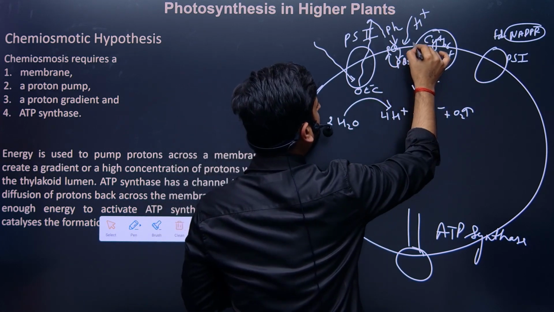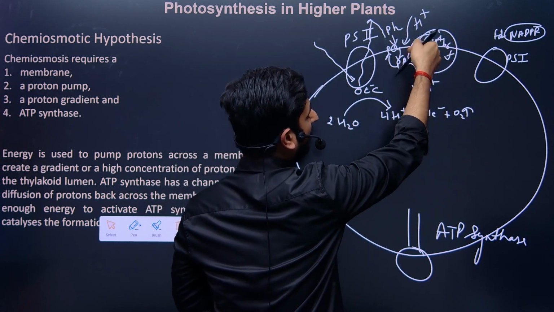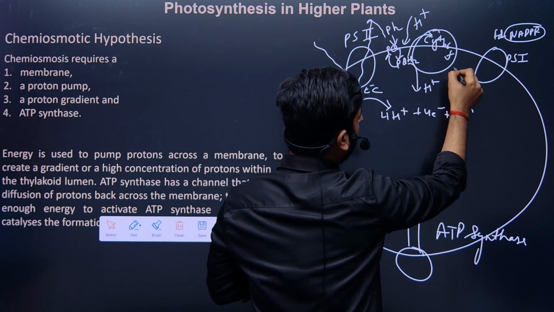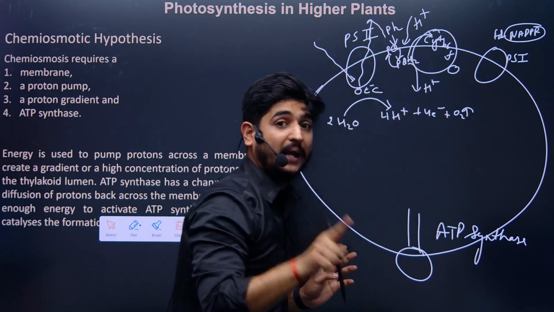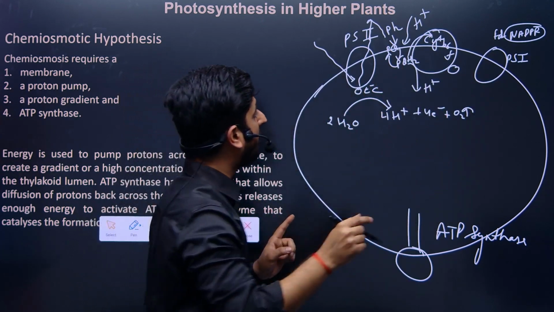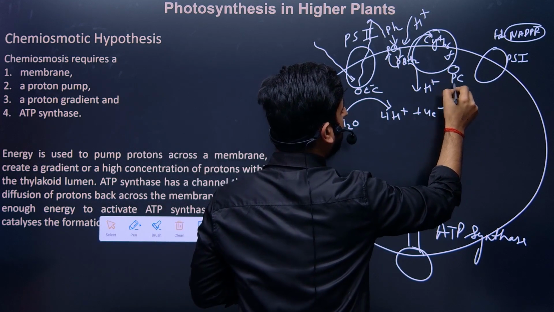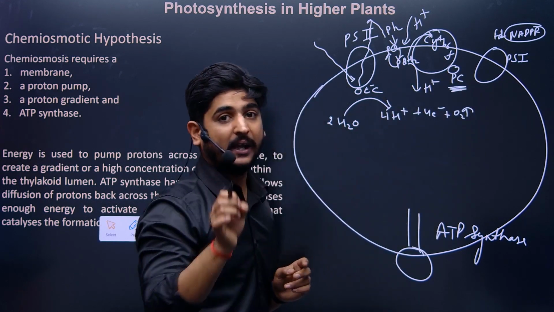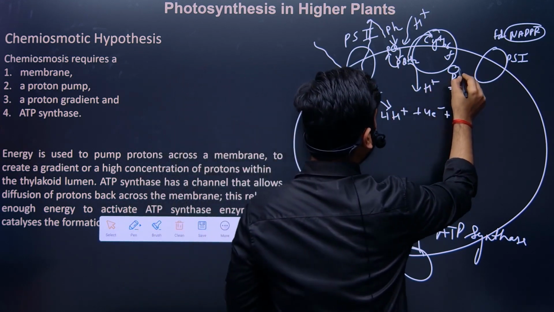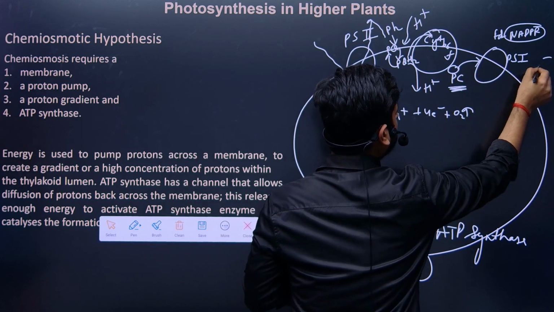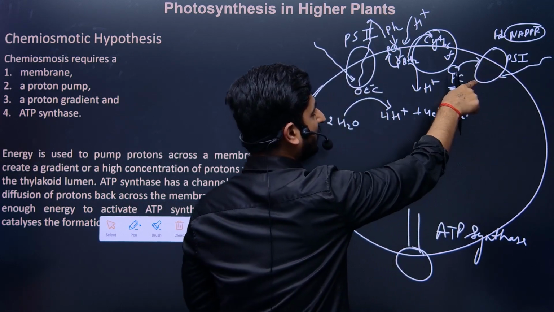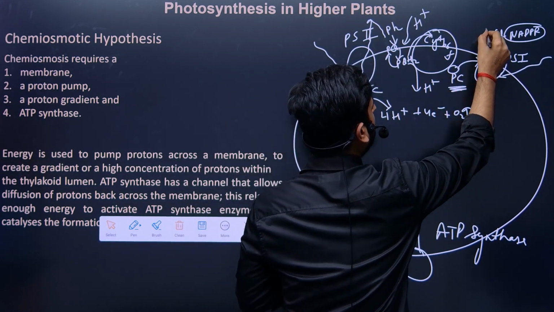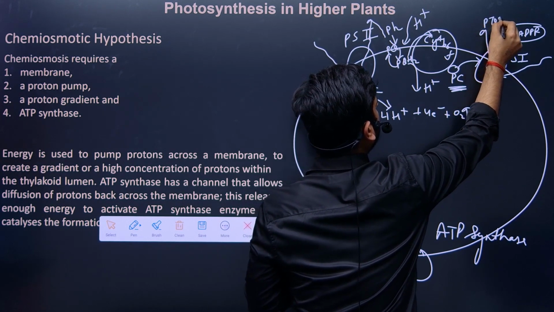The electrons will then be transferred to cytochrome b6, which will transfer them to f, which will then be taken by a mobile electron carrier. Now this you will have to remember: plastocyanin is the mobile electron carrier which will take these electrons to PS1. Simultaneously, light will fall at the reaction center of PS1. This will reach a higher state, P700 star.